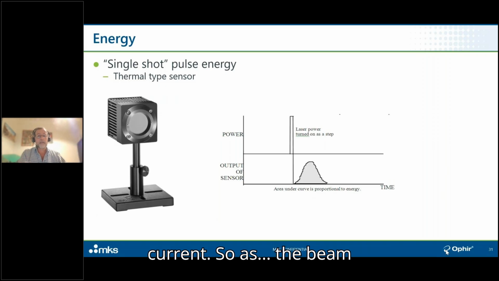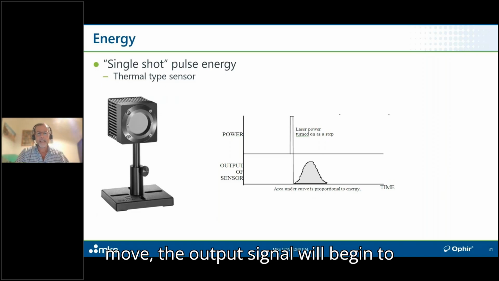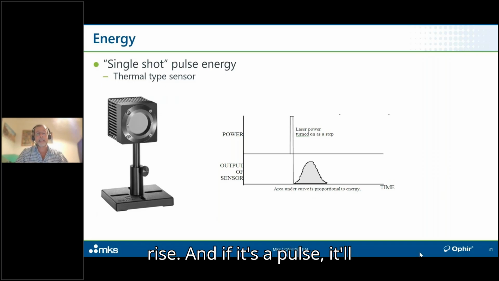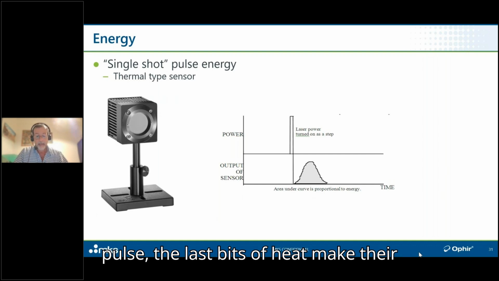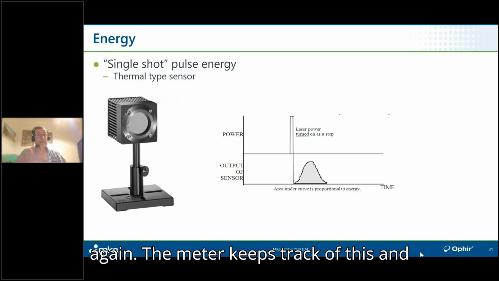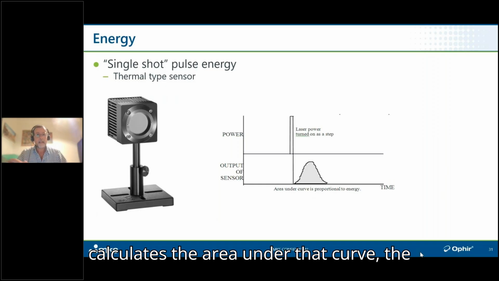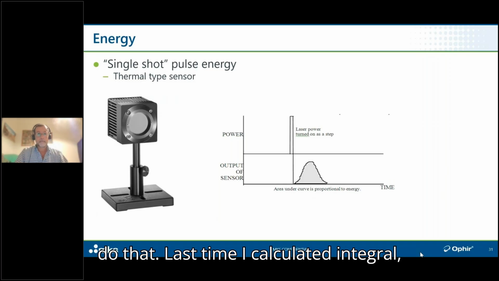The meter keeps track of this and calculates the area under that curve, the integral. Don't worry, you don't have to do that. Last time I calculated an integral, I don't want to think of how many decades ago that was. But the area under that curve is the total energy that was in that pulse. Generally speaking, thermal sensors have a time constant on the order of seconds because the heat has to propagate through a disk.